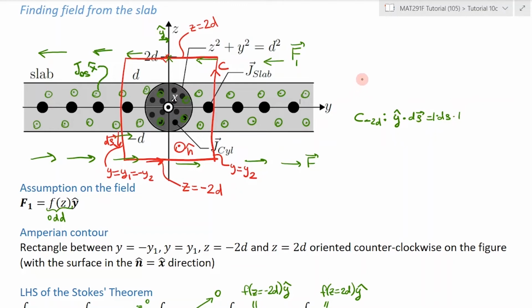For the top contour, c 2d, we have y hat dotted with ds equal to 1 times ds times, now ds is going to the left on this part of the contour, and y hat is going to the right, so here we get negative 1.